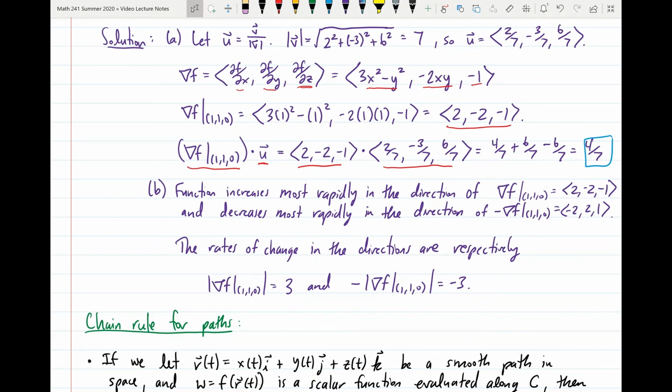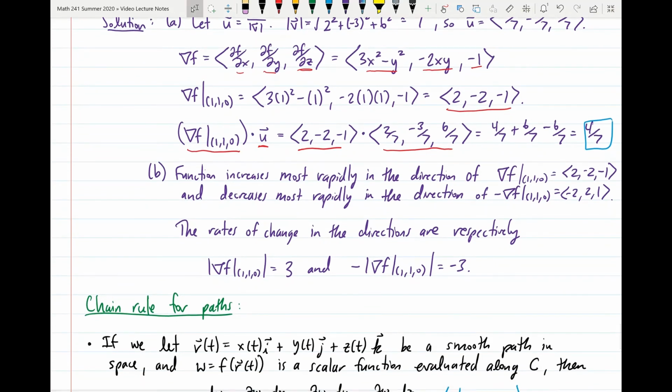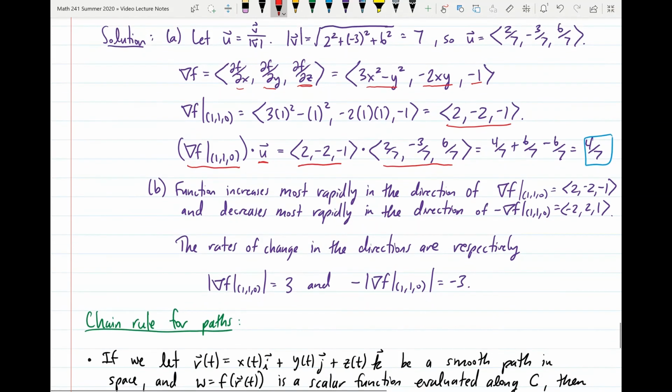So the function will increase most rapidly in the direction of the gradient at (1, 1, 0), which we already found is the vector (2, -2, -1), and it will decrease most rapidly in the direction of minus the gradient, or in the opposite direction of the gradient. And that's going to equal the vector (-2, 2, 1). So these are the two directions where our function is going to change most rapidly.